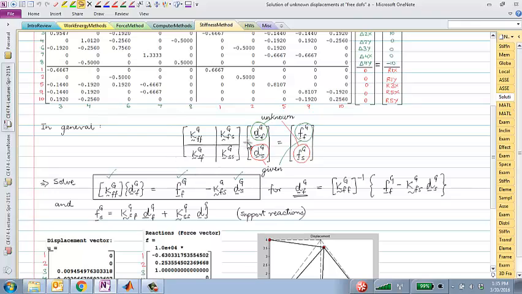And the way we solve it is to find the unknown displacement degrees of freedom first, using the first equation of this matrix, and then find the unknown reaction forces from the second equation of that system. So I think that's about where we were last time.